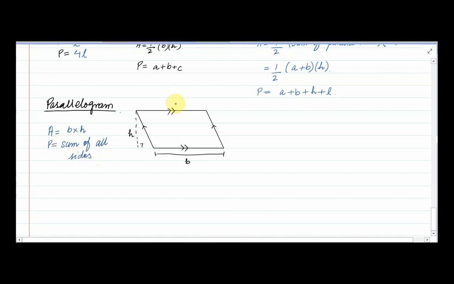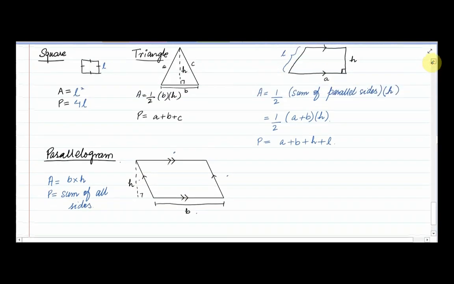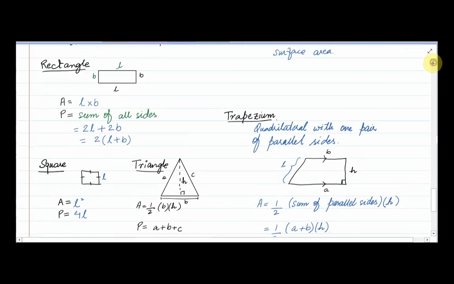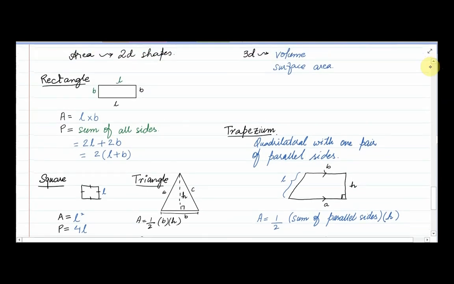So you need to add all the lengths of the parallelogram to find the perimeter, right? So these are all the 2D shapes we have discussed, and I have told you the working formulas of all these shapes. Most of these shapes you have already studied in your previous class, I assume, right?